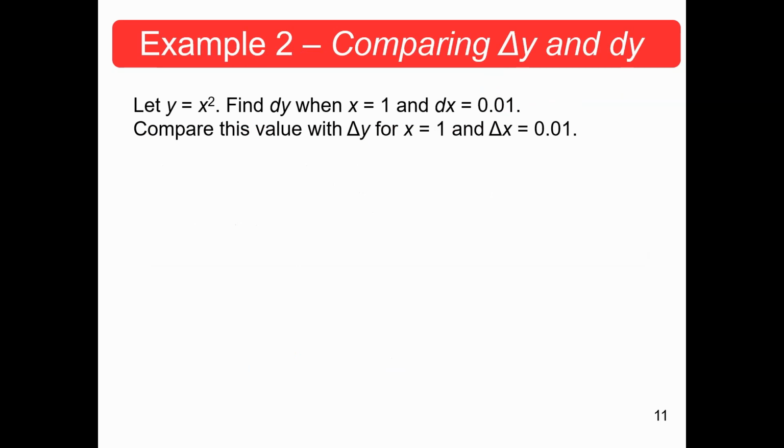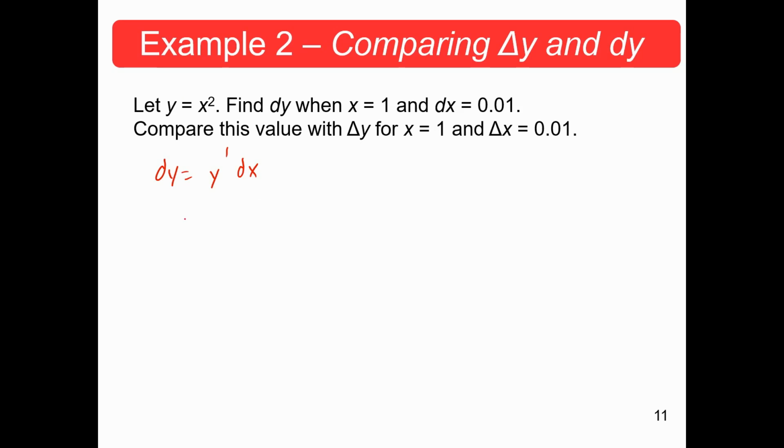So let's look at something. We want to let y equal x squared, and we want to find dy when x equals 1 and dx is equal to 0.01. And we want to compare that value with delta y. Okay? So we're going to look for dy and we're going to look for delta y. So first off, let's find dy. So I know that dy equals, in this case, y prime dx.